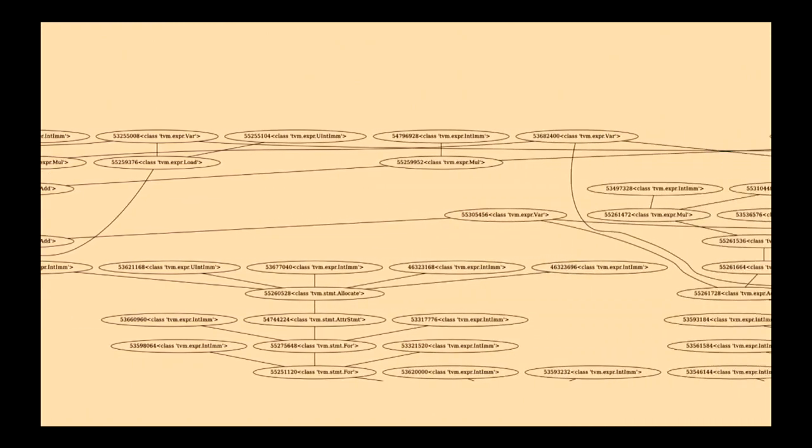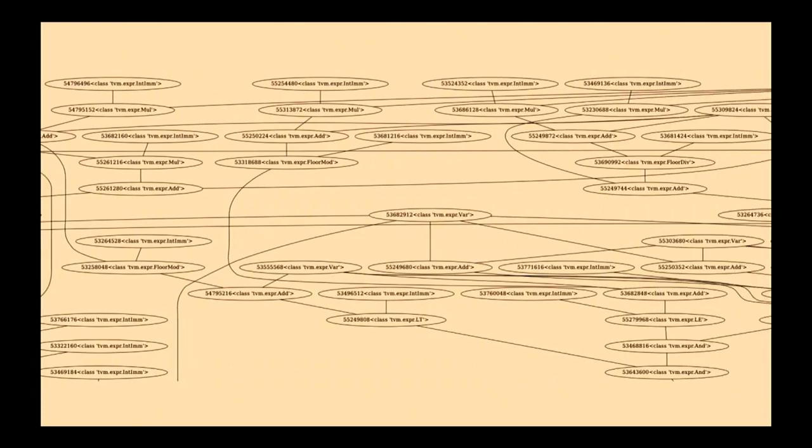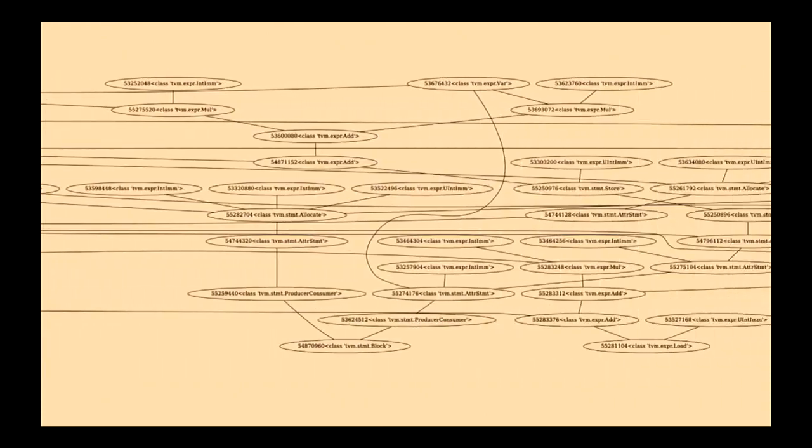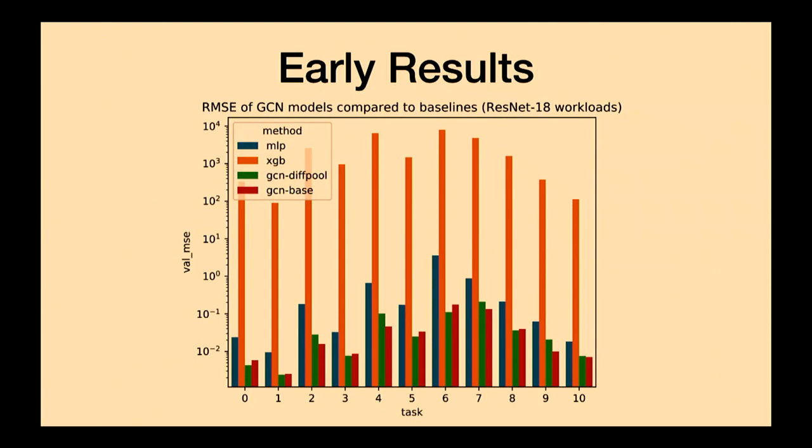And so in practice, the graphs that we have in TVM are a lot larger. They are on the order of about 1,000 nodes or so for every schedule. But this is still within the realm of possibility of things that you can regress or classify with graph convolutional neural networks. So to summarize and to finish things off, I'll just show some early results on graph convolutional models compared to existing TVM baselines on estimating the performance of some workloads in ResNet.